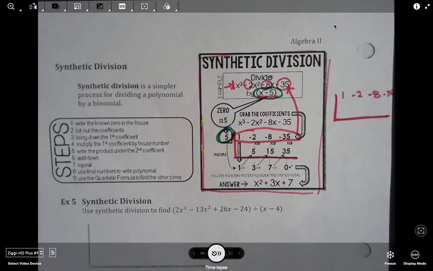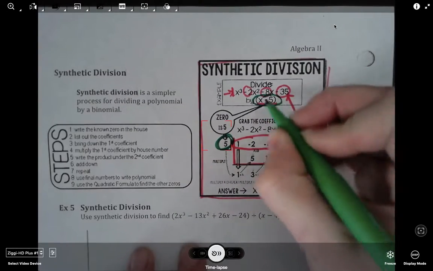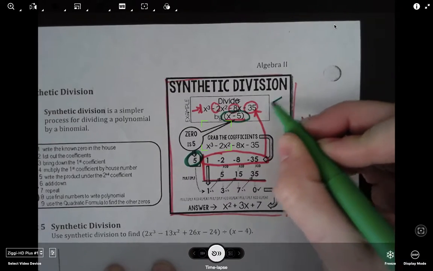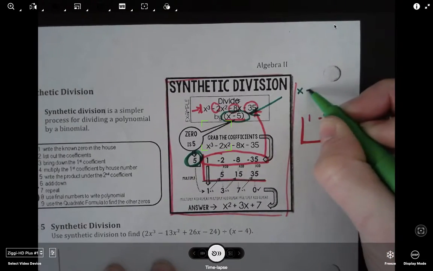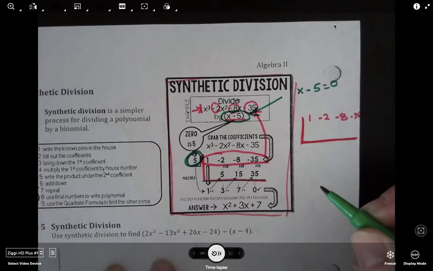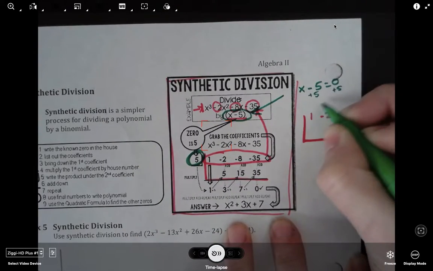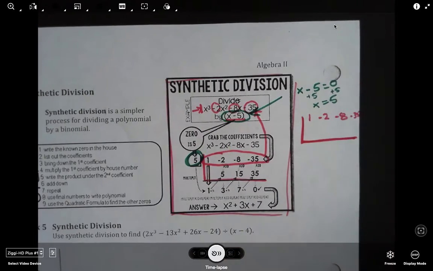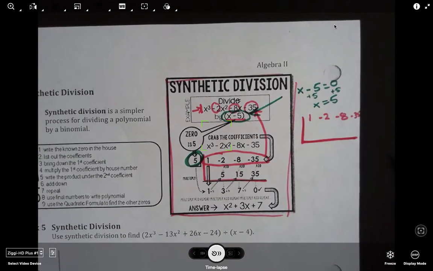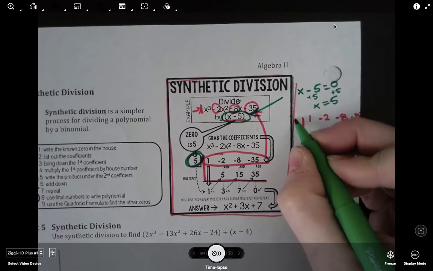Why do I get positive 5? You flip the sign. Basically, every time you're dividing synthetically, you set this expression equal to 0. If I set x minus 5 equal to 0 and add 5 to both sides, x is equal to positive 5. That's where that positive 5 comes from, okay?